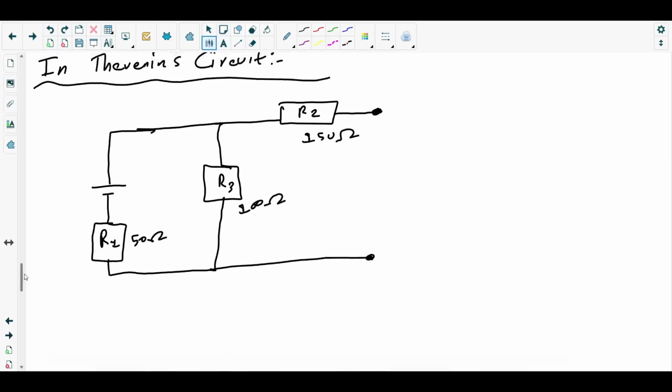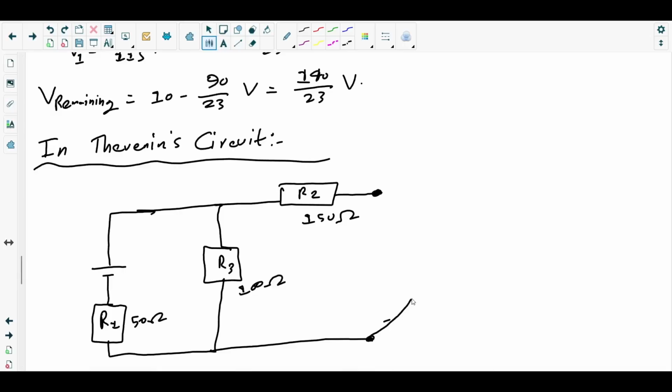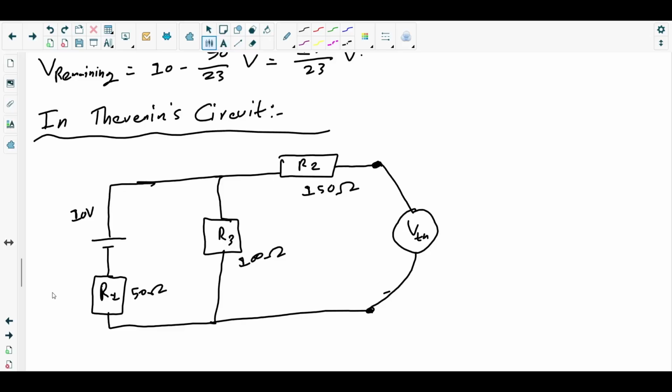So we know that Thevenin's voltage is basically the PD across this terminal. This will be the VTH. EMF is 10 volt, right? Now, how can we find the Thevenin's voltage?